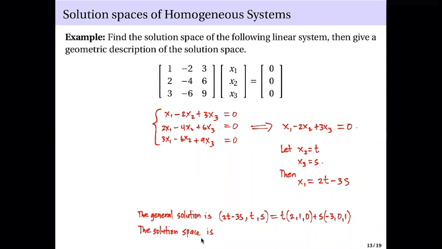So the solution space is the span of (2, 1, 0) and (negative 3, 0, 1). Okay? Span of this. That's your solution space.